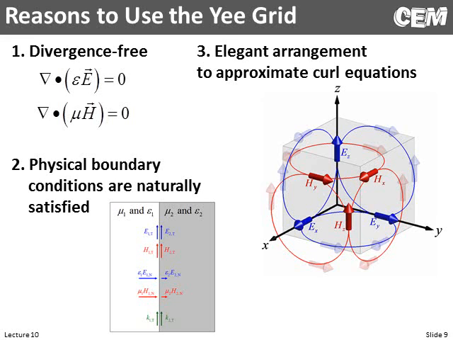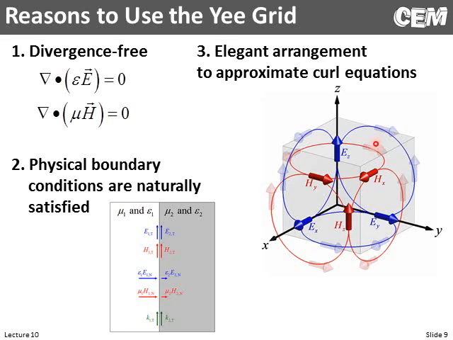Now, I think the original reason this was done is that it makes for a very elegant arrangement of the fields on the grid. And this helps us in approximating finite differences. So let's look at this real quick. Let's say we're calculating the curl of the magnetic field around E sub z. So we have these two magnetic field components within the same unit cell.